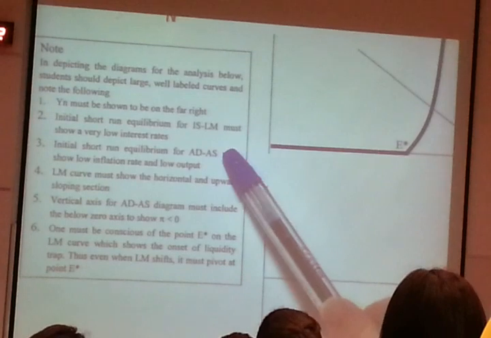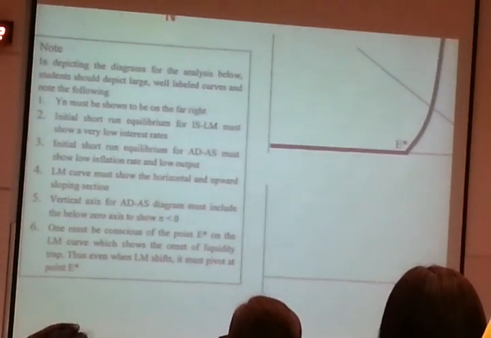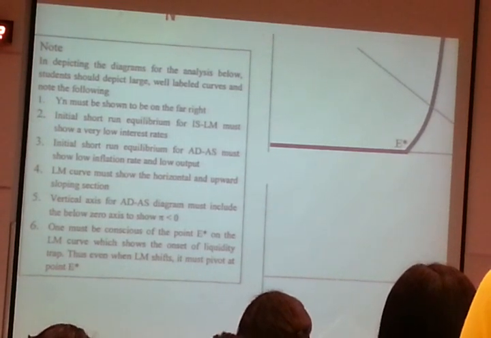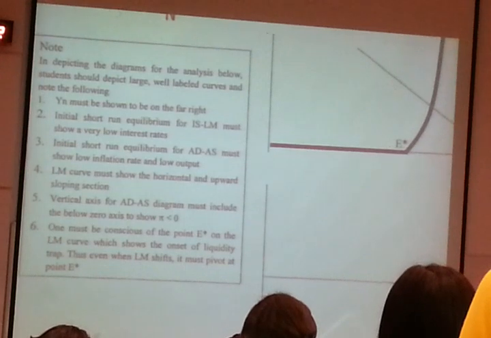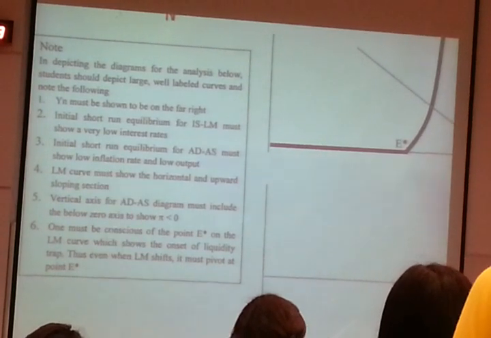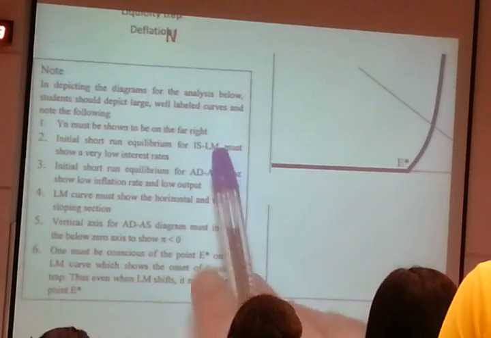When you draw your ISLM, interest rate must start very low because you have a recession. Banks already have been cutting interest rate to stimulate spending. Not only that, you must also have low inflation because AD is very low and output is low. So these are the key characteristics.